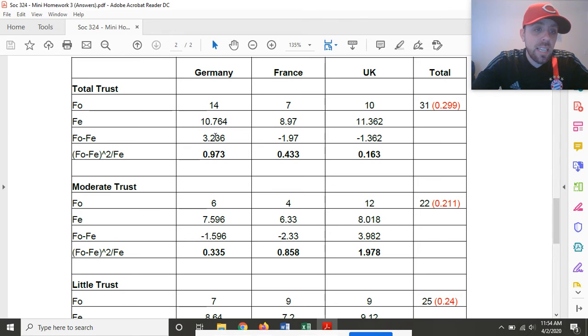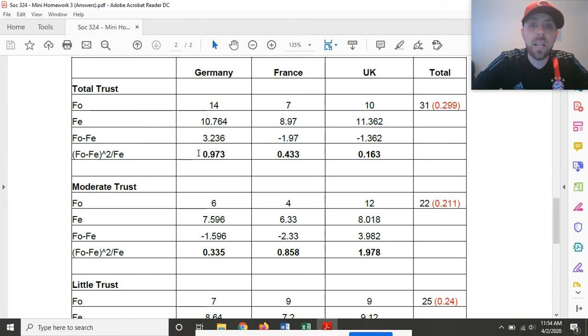And so then I take this FO minus FE squared and divide it by the frequency expected of 10.764, and that gives me 0.973. That is the chi-square value for this one cell of Germans with total trust.